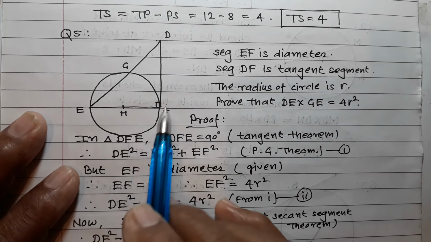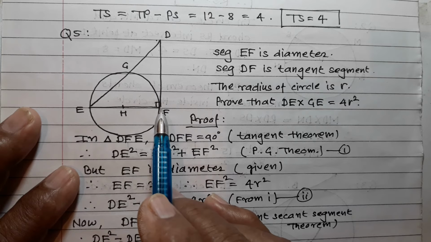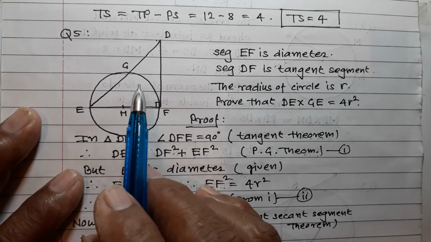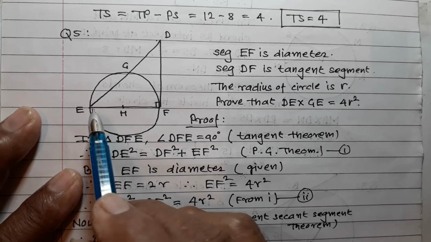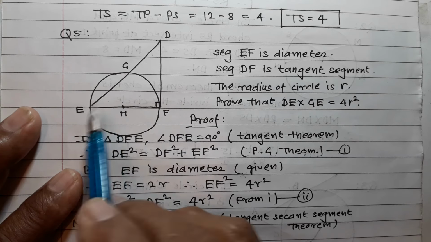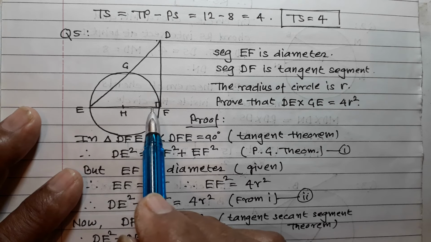Now you know this is a right angle triangle because this is a tangent. This is 90 degree by tangent theorem, and therefore DE square is equal to DF square plus EF square. But EF is diameter, so EF is equal to 2R, EF square is equal to 4R square.